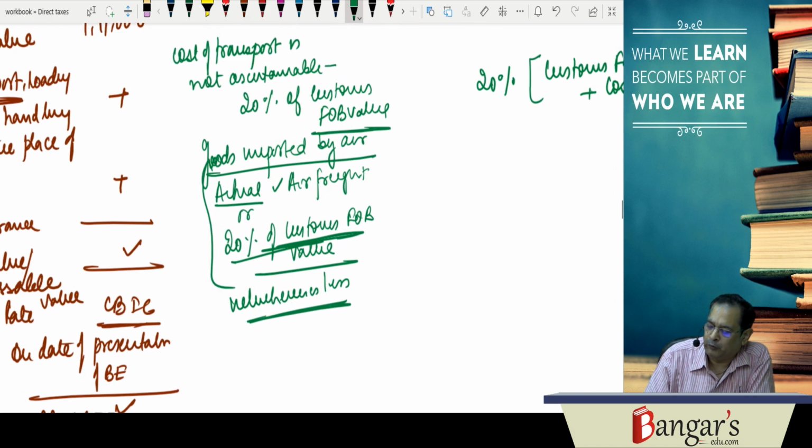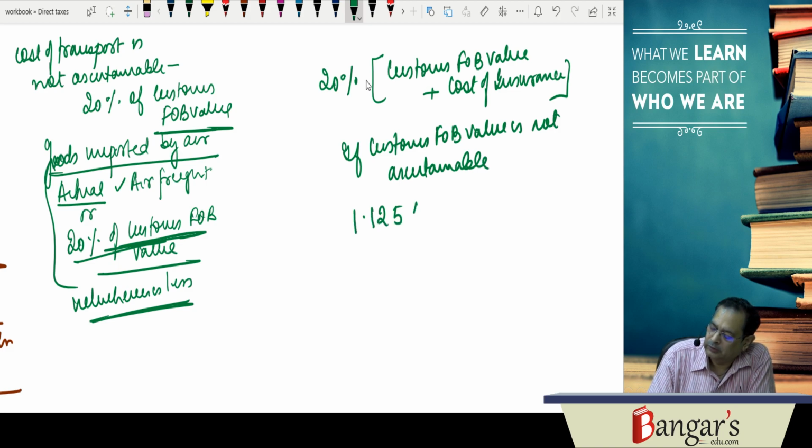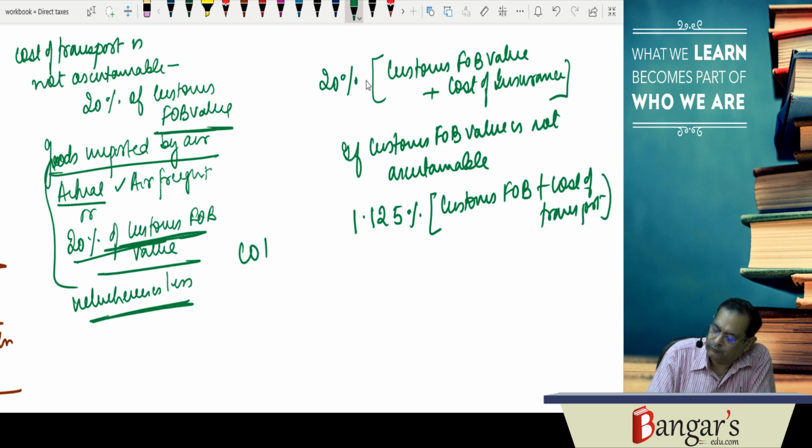And if the FOB value is not ascertainable, it will be 1.125% of what? The customs FOB plus cost of transport. This is the cost of insurance.